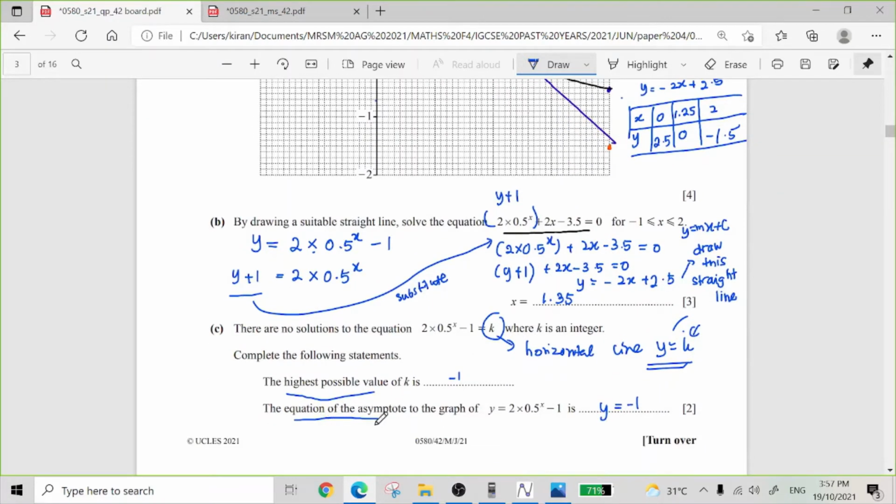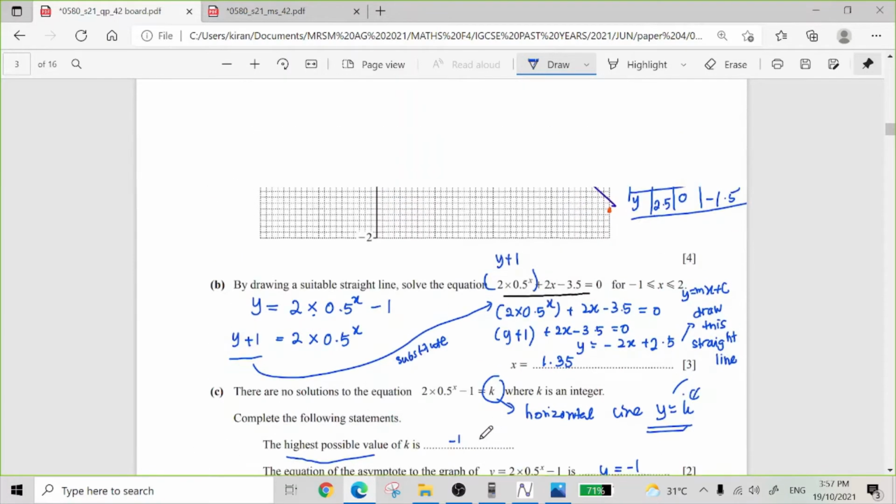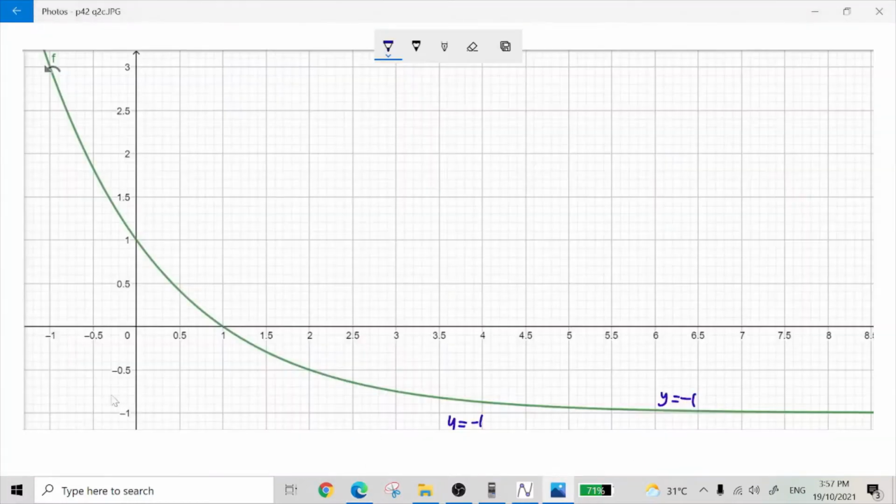The equation of the asymptote of the graph, we know that asymptote tu macam pagar lah. Dia takkan reach pada that kind of line. Pada graph ni, kalau tengok secara kasar, bila sampai negative 1 dia takkan reach negative 1 lah. Kalau kat sini saya besarkan graph ni memang takkan nampak lah.